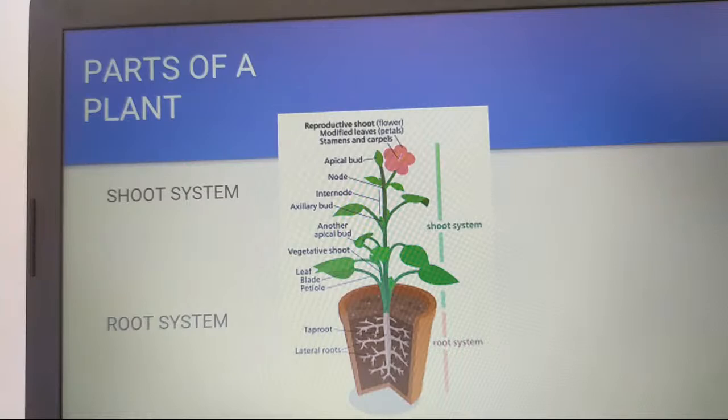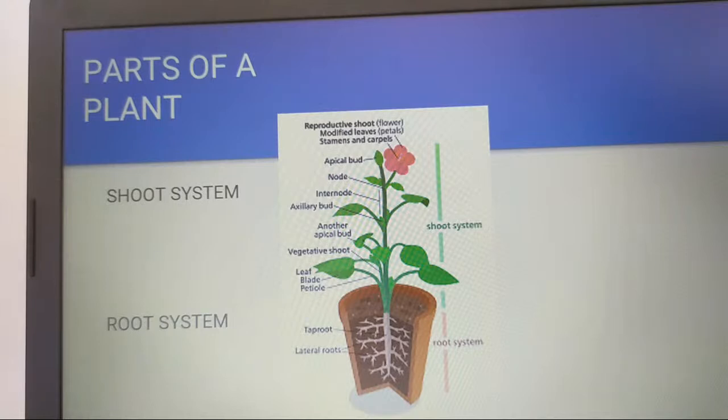This plumule develops above the ground, forms the shoot system, and the radical forms the root system. Well, that was the activity which you are going to do.